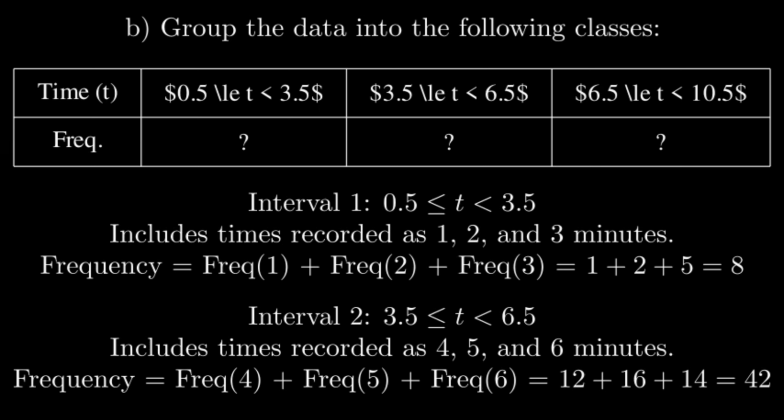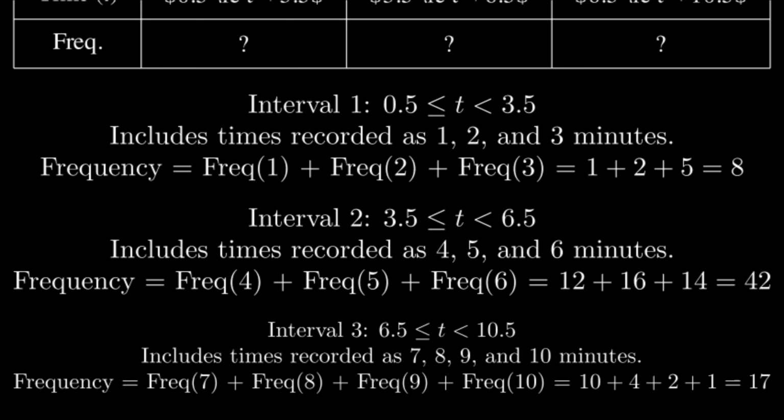The total frequency is 12 plus 16 plus 14, which is 42. Finally, for the interval from 6.5 up to 10.5, we include the times 7, 8, 9, and 10 minutes. Adding their frequencies gives us 10 plus 4 plus 2 plus 1, which is 17.